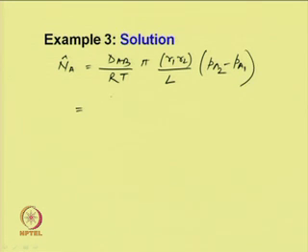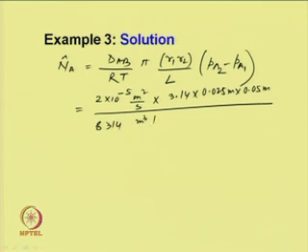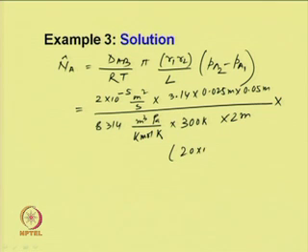So, the value is given 2 into 10 to the power minus 5 meter square per second into 3.14 into 0.025 meter into 0.05 meter divided by 8314 meter cube Pascal by K mole Kelvin into 300 K into 2 meter multiplied by 20 into 10 to the power 3 Pascal minus 5 into 10 to the power 3 Pascal.